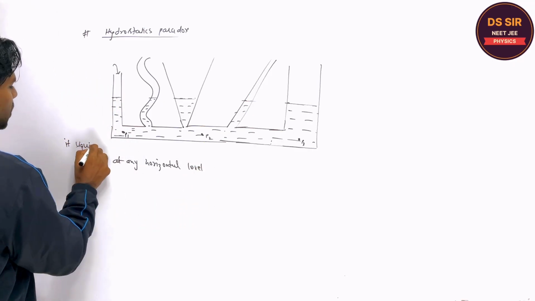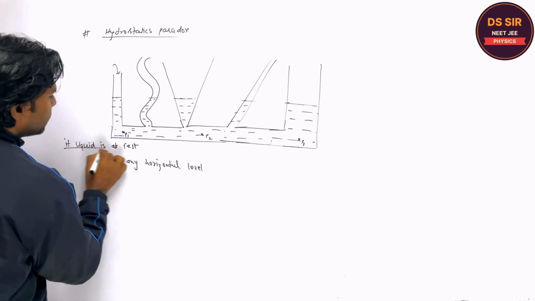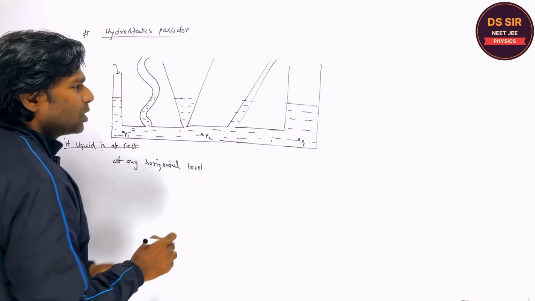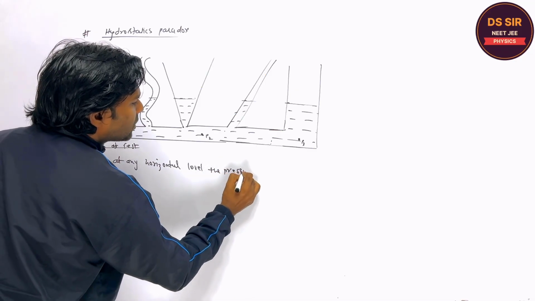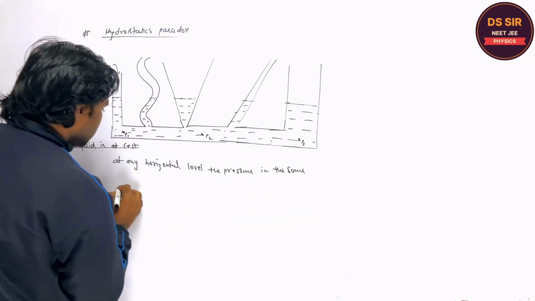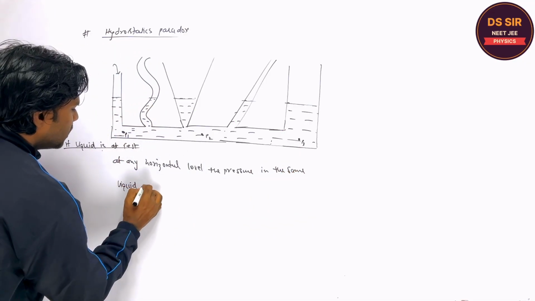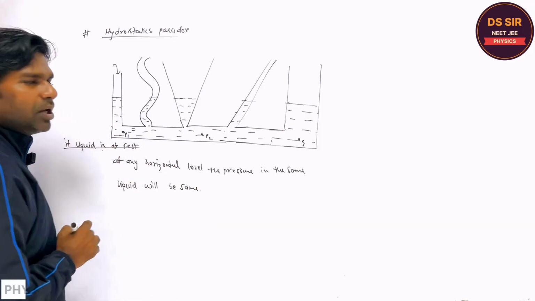If the liquid is at rest, not accelerated, then at any horizontal level, the pressure in the same liquid will be the same. Is it clear or not?